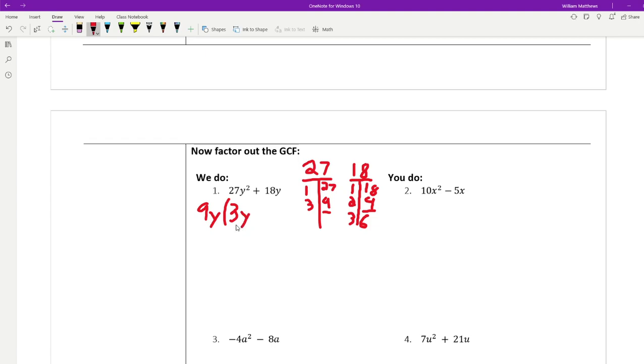So our first term inside the parentheses is what is left after we divide by 9y. And we'll do the same thing for the second term. What would be left if we divide by 9y? The y would cancel out, and our 9, we can see over here, would leave the 2.